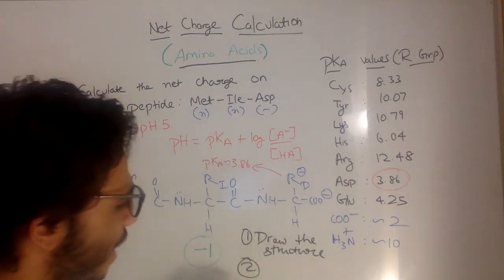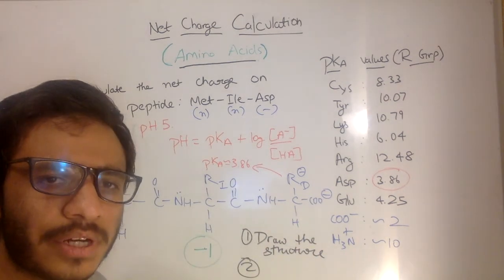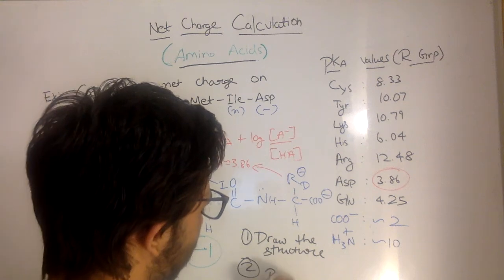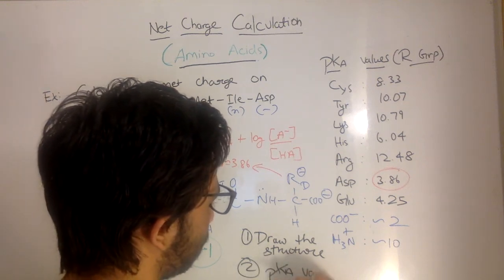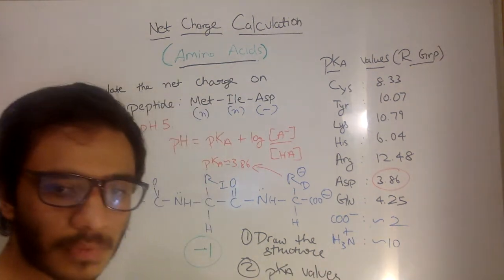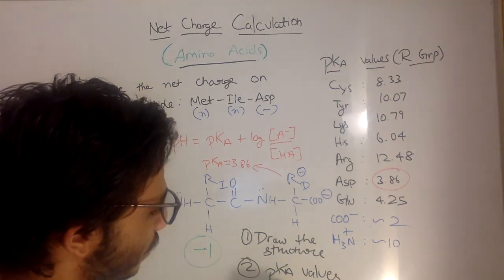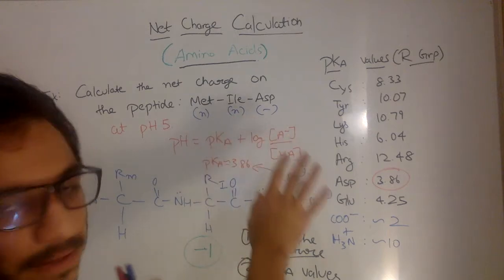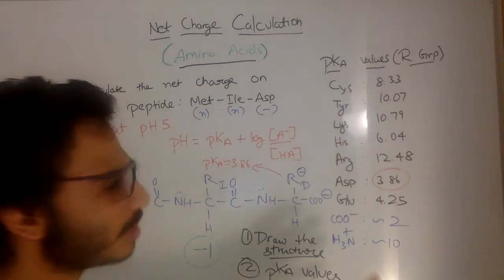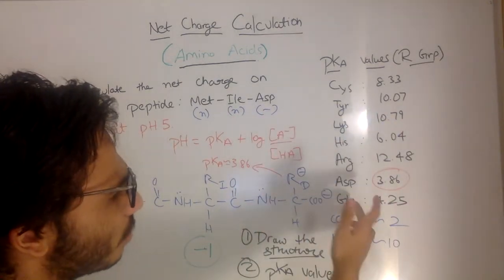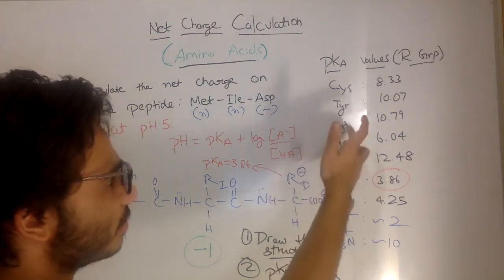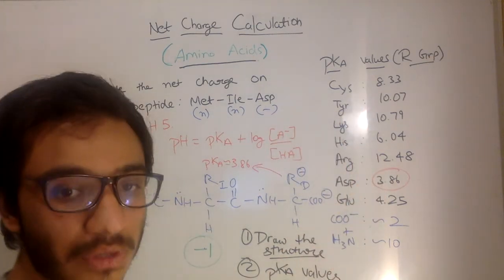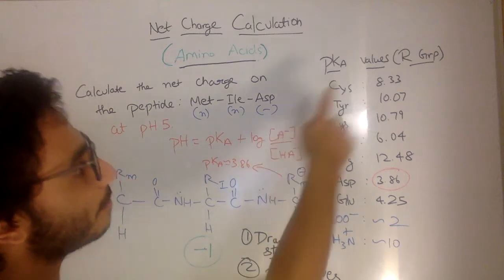So draw the structure. And the second thing that you need to account for are the pKa values. So those are the only 2 things that you need to consider. For pKa values, as I told you, for charged amino acids like aspartic acid or glutamic acid, or the basic amino acids lysine, histidine, arginine, you need to consider their R group pKa values as well.